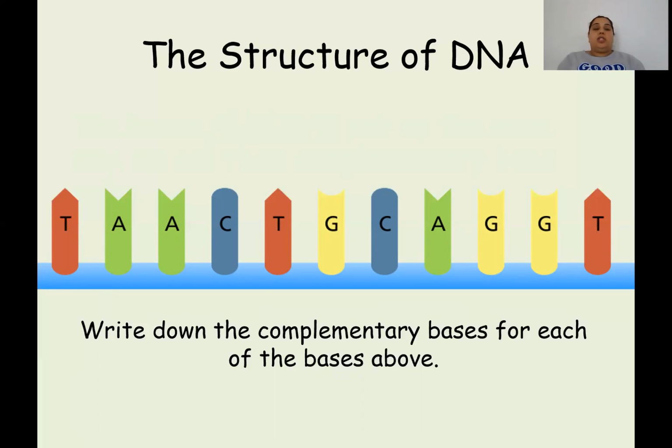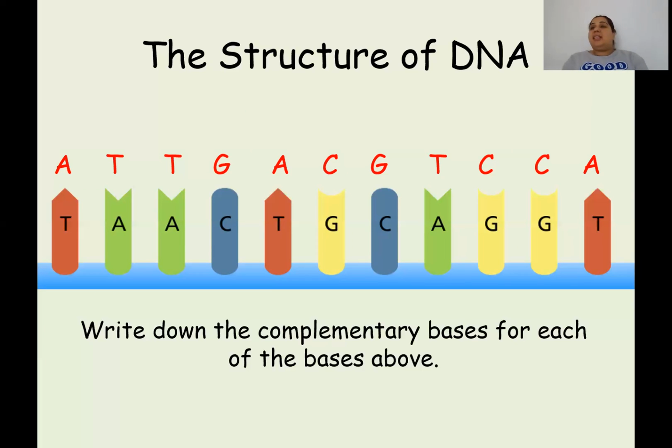So again, you would know that T always pairs with A, so your first complementary base would be A. And then we've got A's there, pairing with T, so it'd be ATT. We'd have GAC, GTCCA. Okay, so that's what your complementary strand would look like.